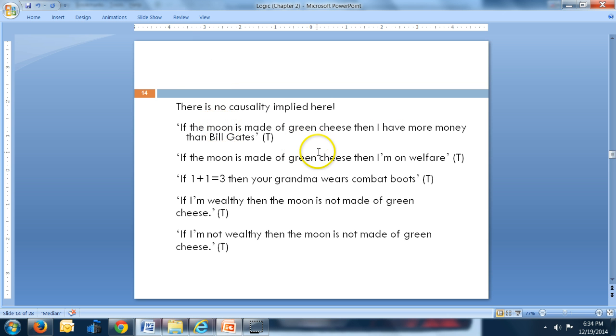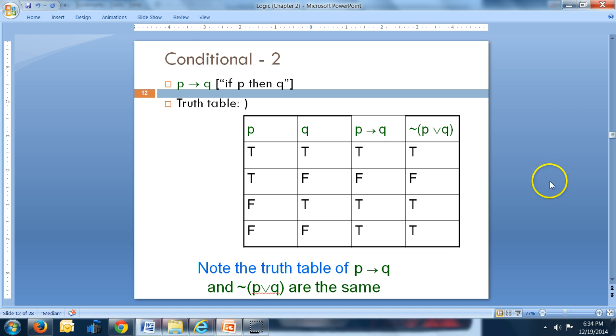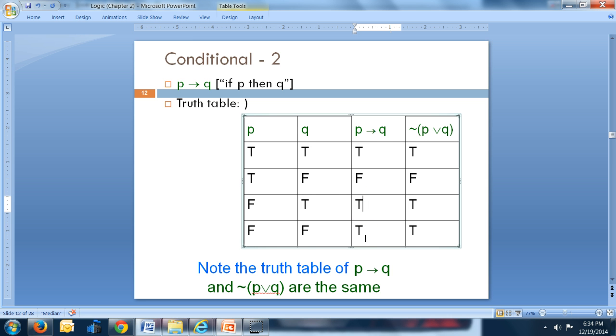We knew from the truth table that we had before that if we start with a false hypothesis, regardless of whatever the value of Q is, the result will always be true. So whenever you start with a false statement, it doesn't matter whether the conclusion is true or false, you always have the true value.